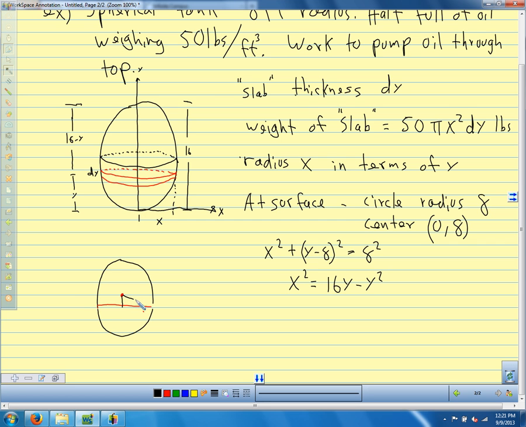I'm going to draw this right triangle here. This distance is x, the radius of the slab. This is the radius of the tank, which is 8. And if this distance is y, this little piece, this side of the triangle, is 8 minus y.